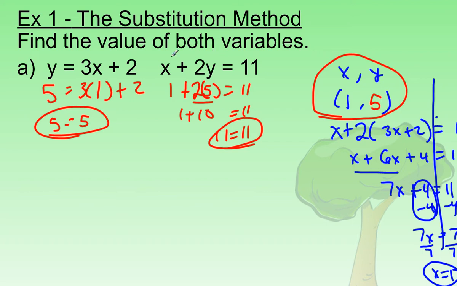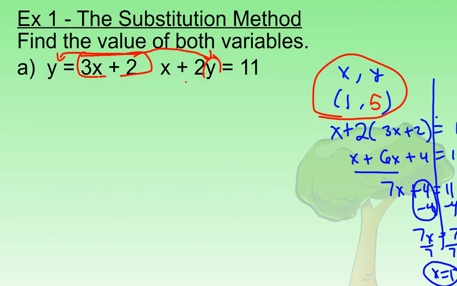You could not have an equation with 2 variables. You could only have an equation with 1. So we said this y is equal to, well, it's the same thing as that y. It's the same letter. So if y is equal to 3x plus 2, let's plug in a 3x plus 2 for y.